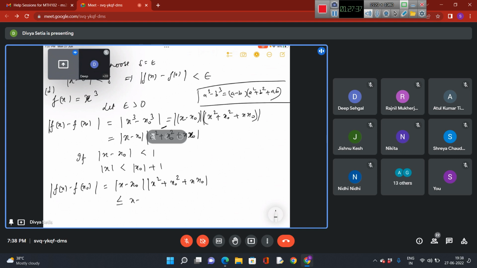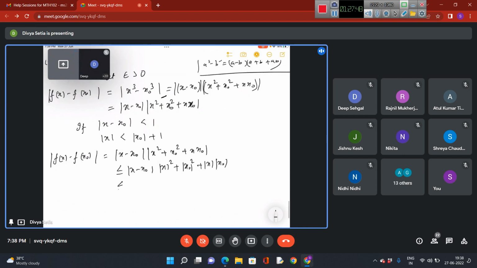Which is less than or equal to, by triangle inequality, mod x square, x naught square plus mod x times x naught. Fine. And now you know that mod x is less than mod x naught plus 1, whole square.